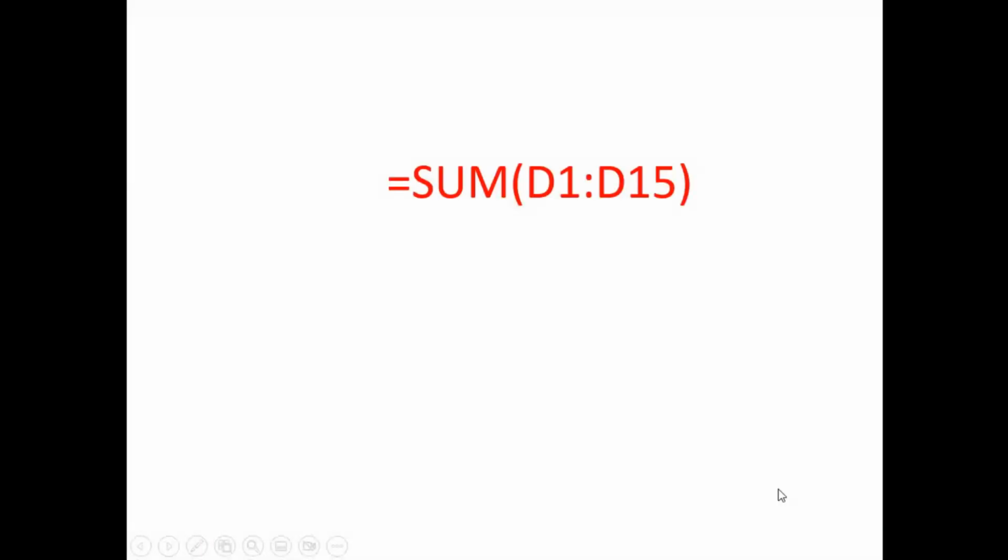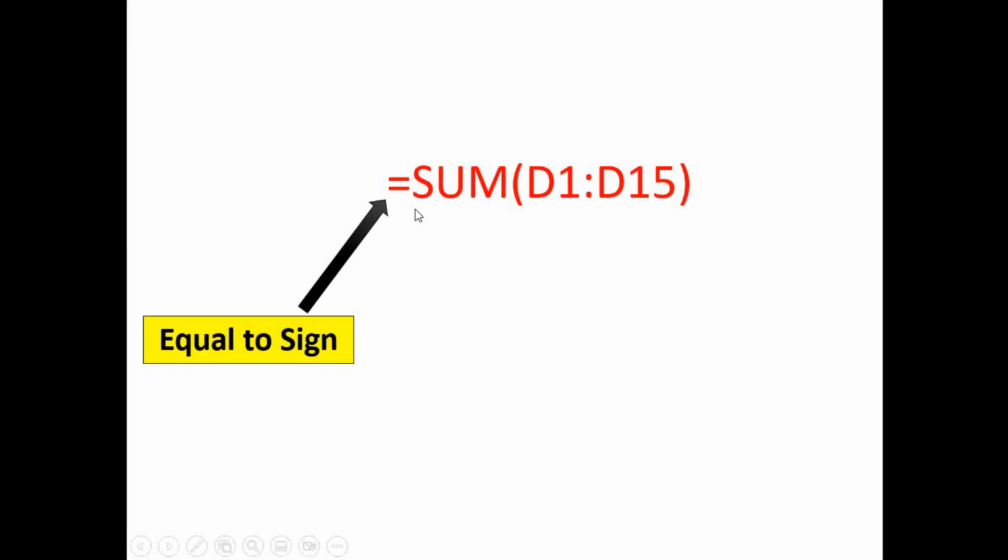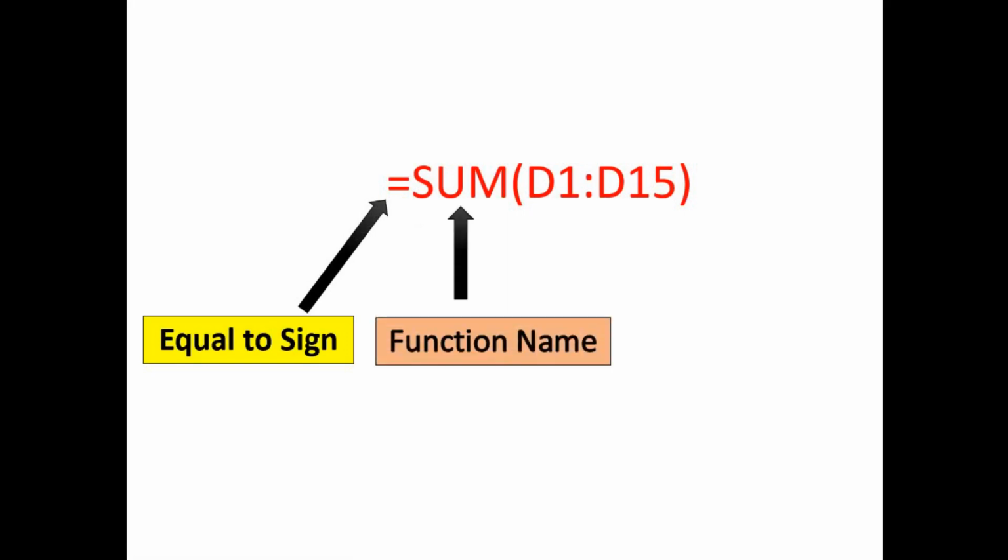So the syntax or the structure for using a particular function in Excel is like this. Suppose we are going to use a SUM function. To type that function, the very first thing is to type the equal to sign. Then we have to mention the particular function name. Here we are doing the summation, so we type SUM, the shortcut form of the function name.